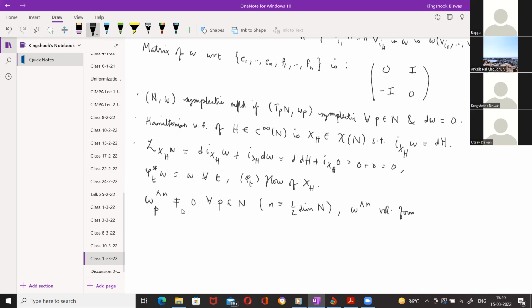In particular, any symplectic manifold is orientable, because it has a nowhere vanishing top degree form. And phi t star of omega power n is equal to omega power n.